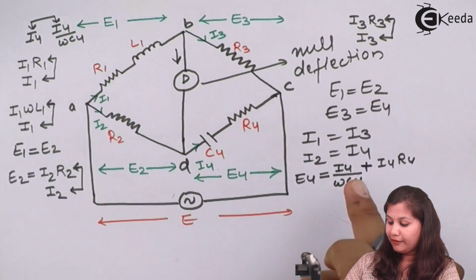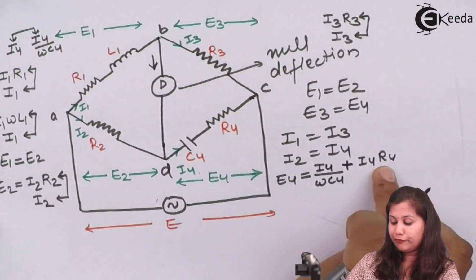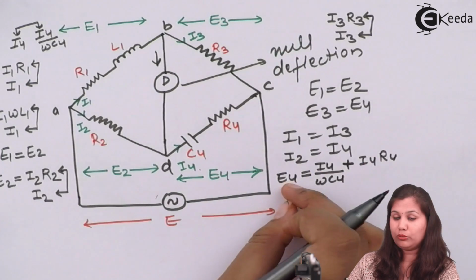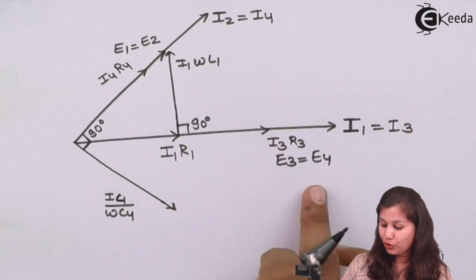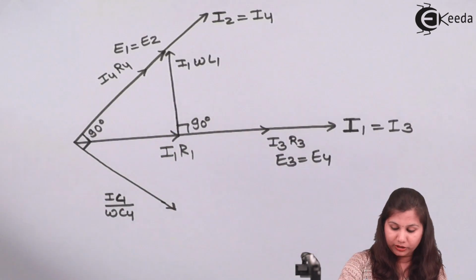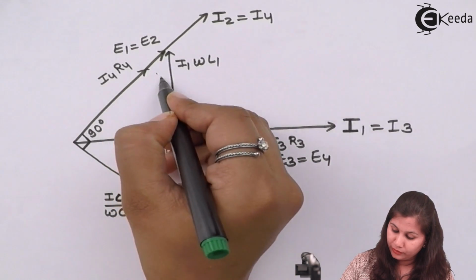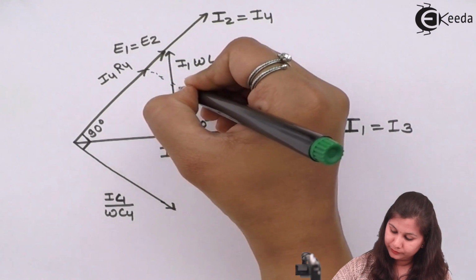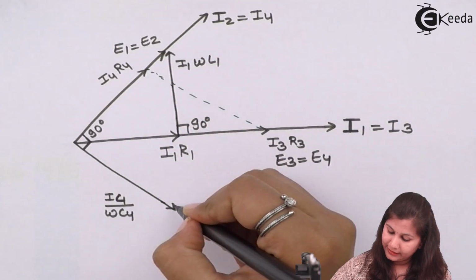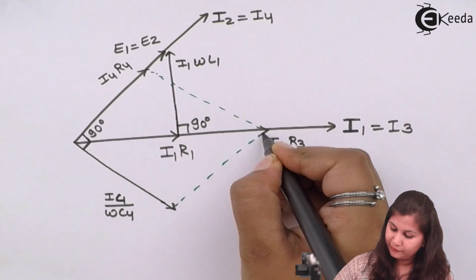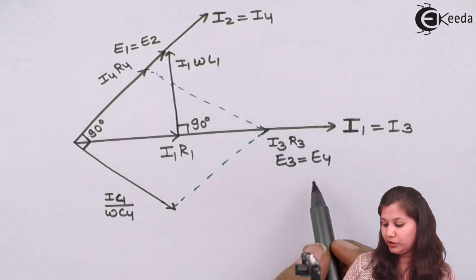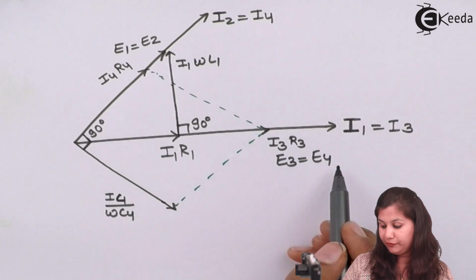Both I4 upon omega C4 and I4 R4 sum to E4. E4 is drawn here. So when we draw the resultant of I4 R4 and I4 upon omega C4, it is equal to E3 or E4.